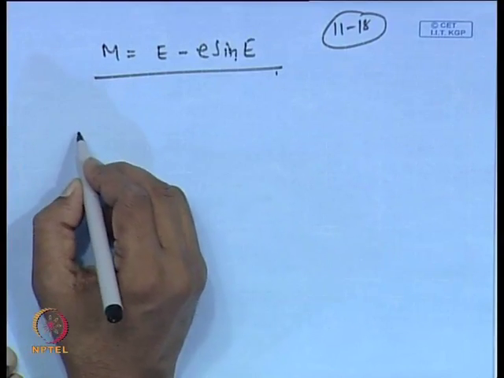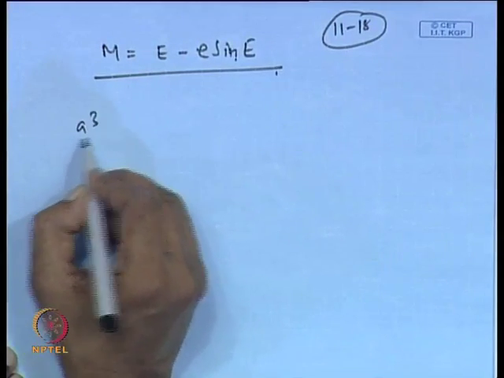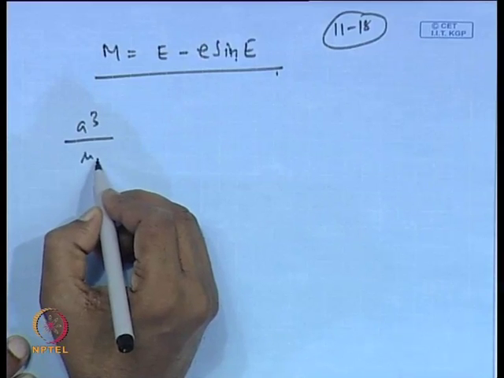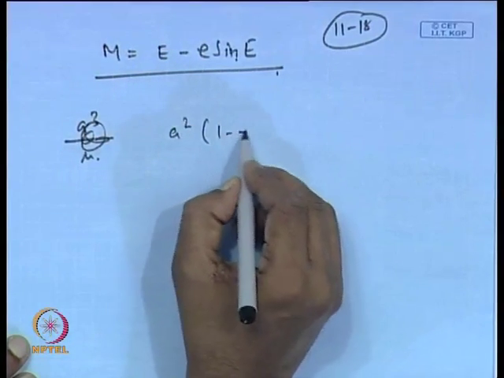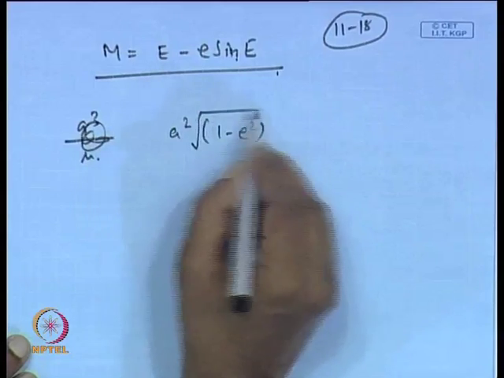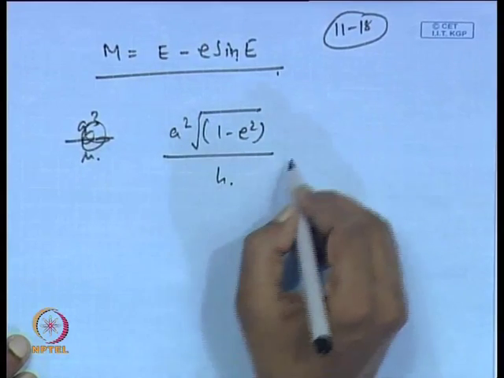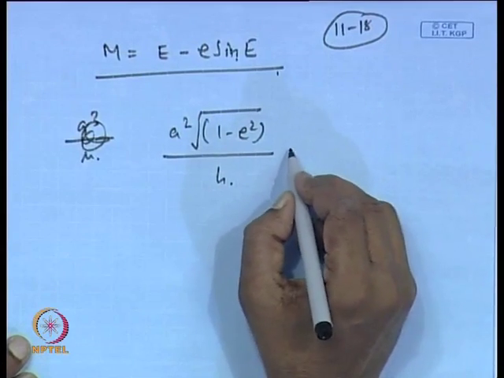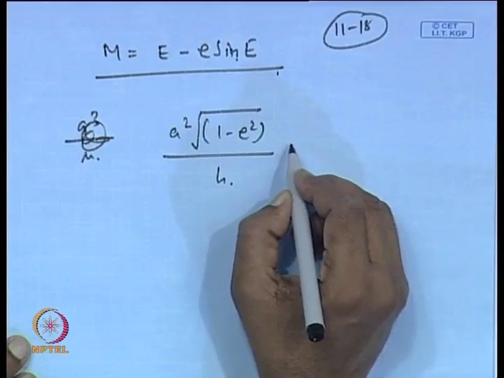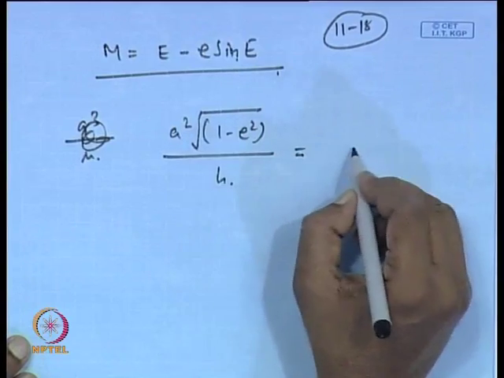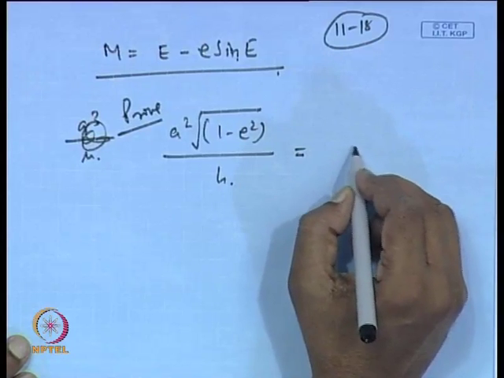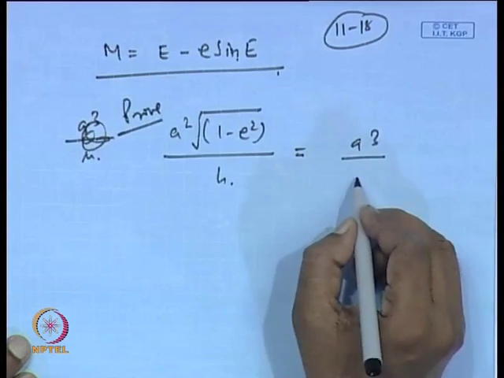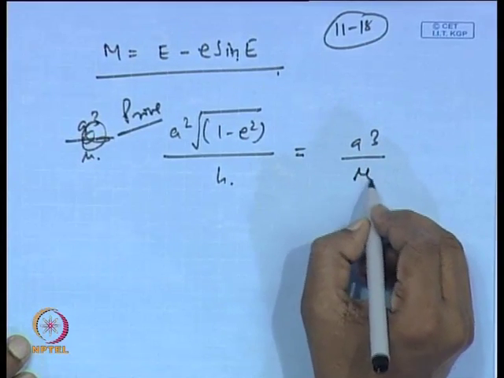Okay. So, what we need to just prove is that a square times square root of (1 minus e square) divided by h is equal to square root of (a cube by mu).